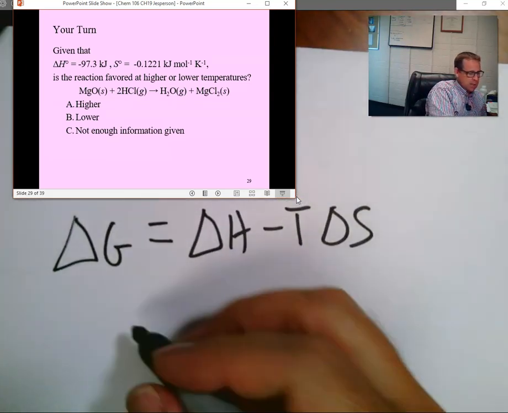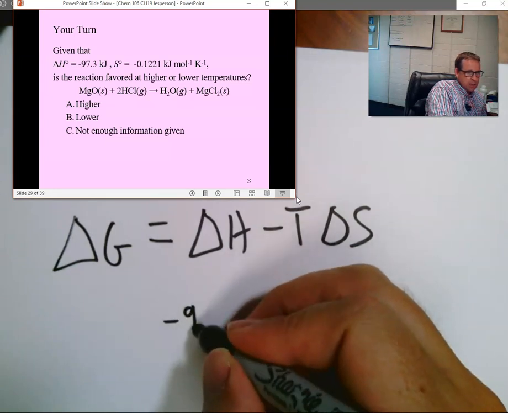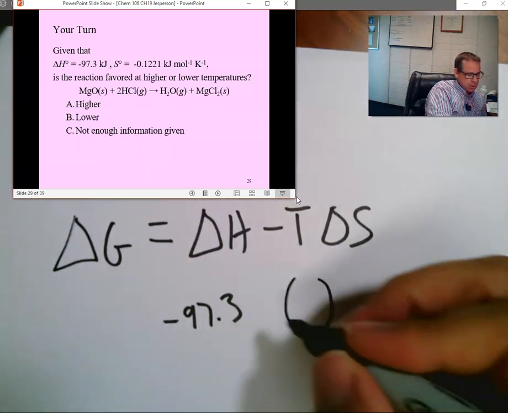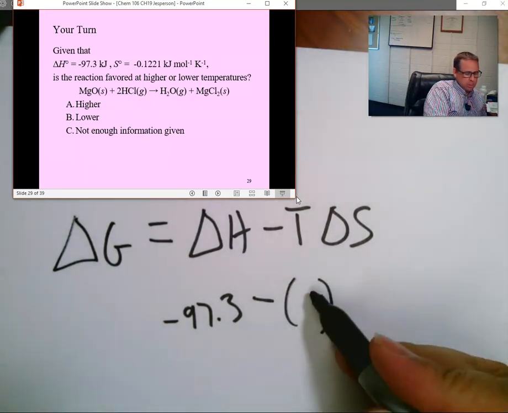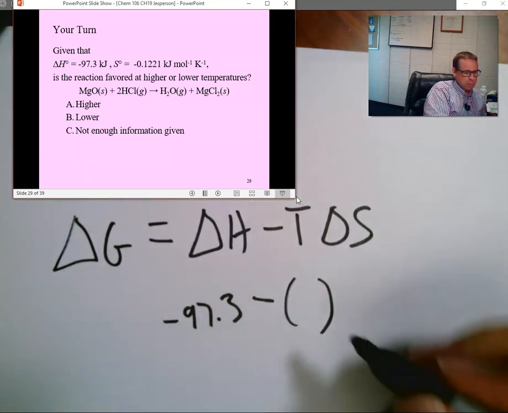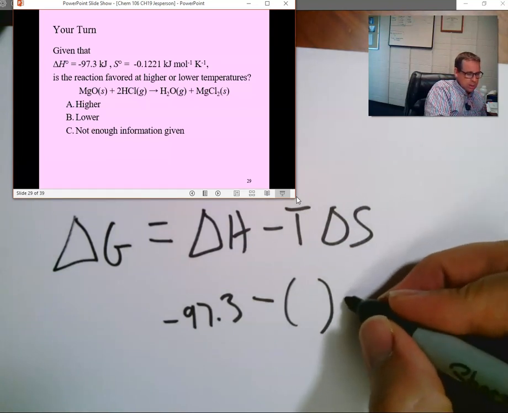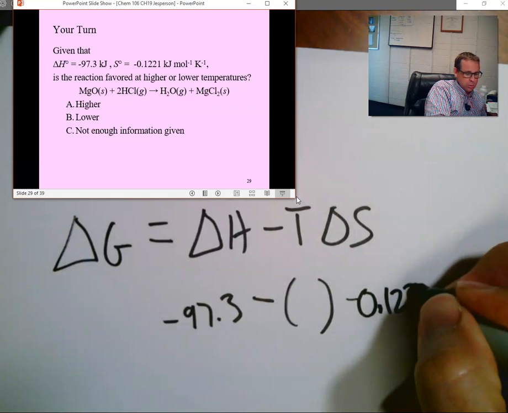And delta H here is a negative 97.3. And the temperature, we'll put a little space for what temperature we're going to put in there, but the delta S in kilojoules per mole is negative 0.1221.